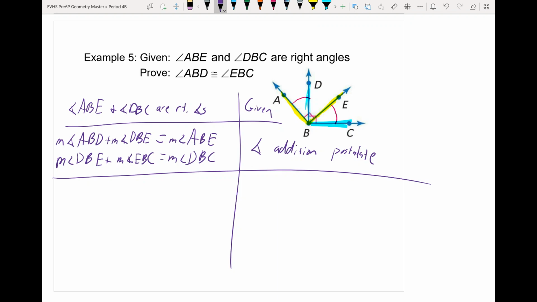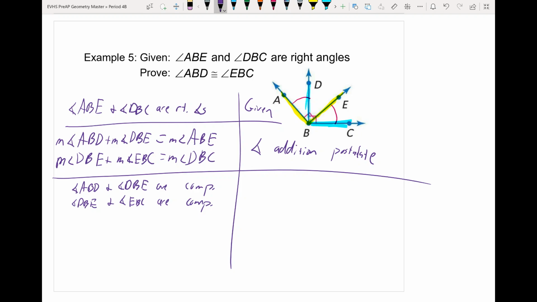Since these two add together, what that means is that angle ABD and angle DBE are complementary, and also that angle DBE and angle EBC are complementary.